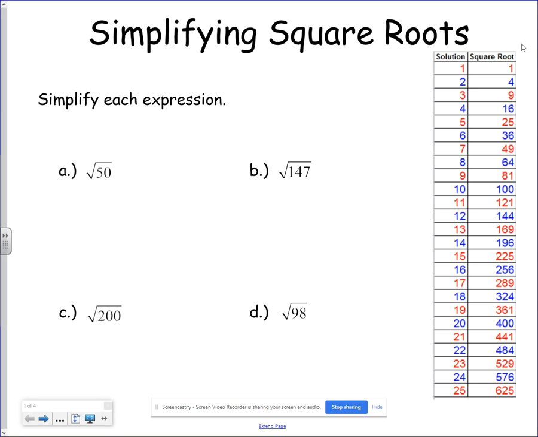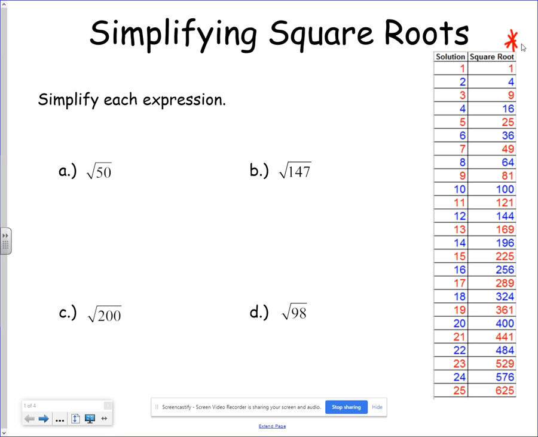All right, so we want to simplify each expression and leave it in radical form. Or you want to leave it so it has a square root in its answer if it's not a perfect square. So let's simplify this first one, the square root of 50. My first step is to look at my list. Is 50 a perfect square?